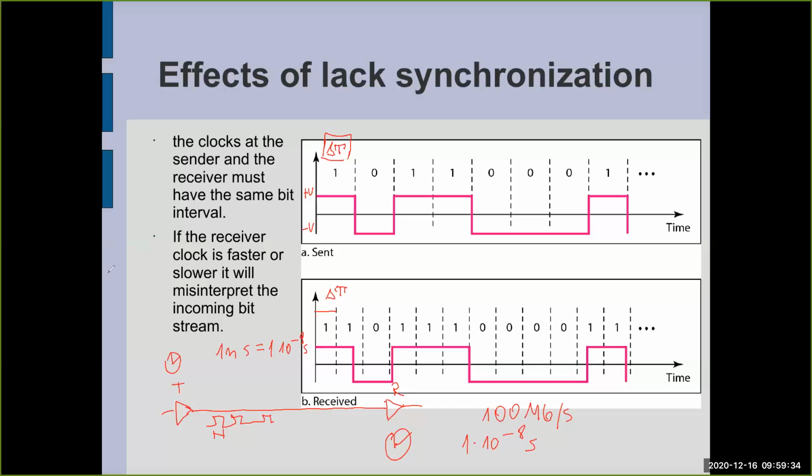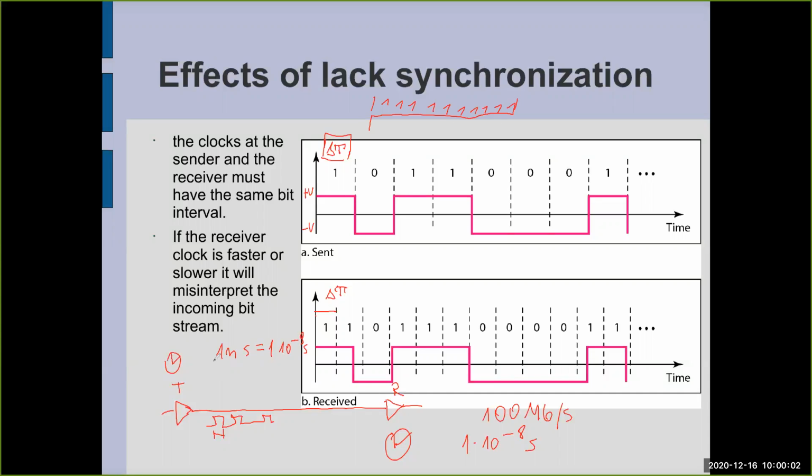So look, if we send a signal which takes 10 times, so we send 10 times 1 and we send it by transmitter.